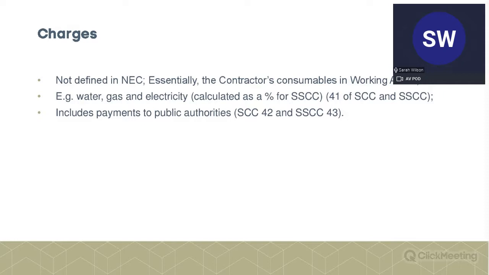So hopefully your people cost will be fairly representative, and the percentage you should hopefully have included in your contract data part 2, that we looked at the start. So you just need to think about that when you are preparing your contract data part 2. What would be an appropriate percentage for that extra consumption?